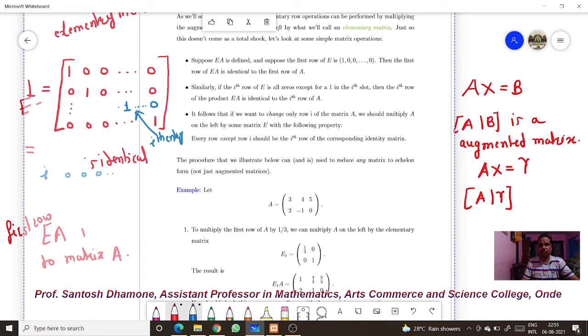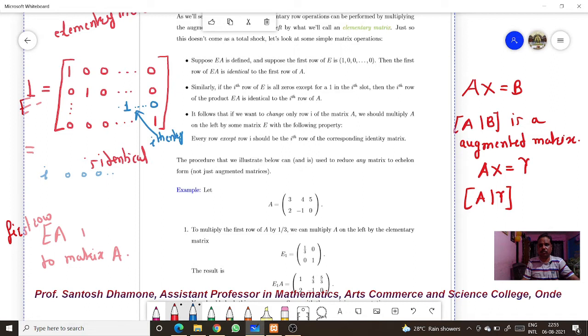Example: let A be the matrix with rows 3, 4, 5 and 2, minus 1, 0.